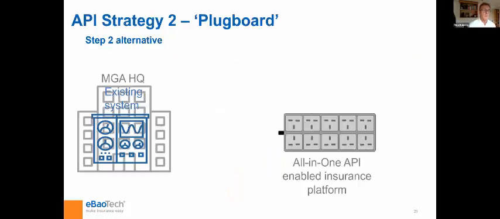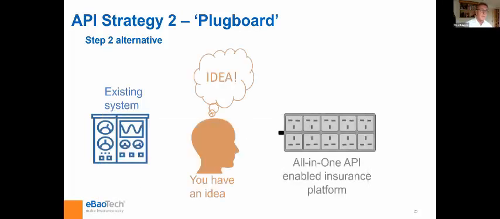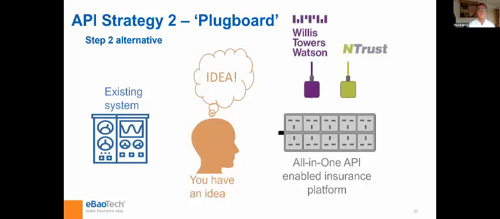But fortunately, there is a second one. So, similar setup as before. Here's your legacy system, here's you. And this time, let's suppose you have a great business idea, and to support it, you need the rating optimization engine from Willis Towers Watson and the lease abstraction capabilities of Interest. For whatever reason, this is just a scenario to help you understand the whole process.